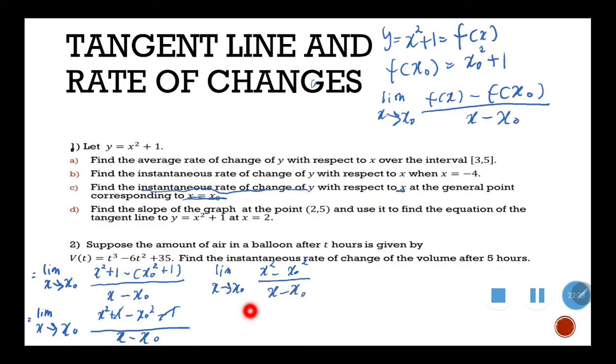If we substitute x naught into x right away, we will get x naught squared minus x naught squared over x naught minus x naught. It will be 0 over 0.